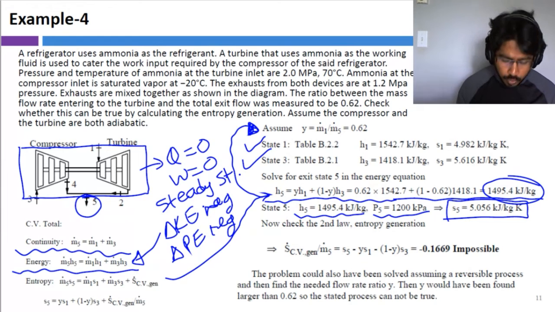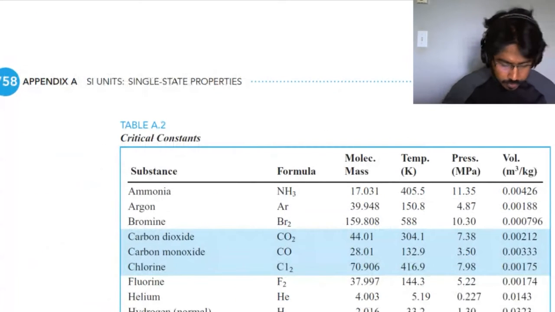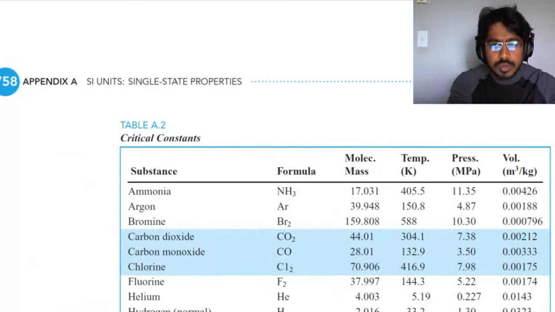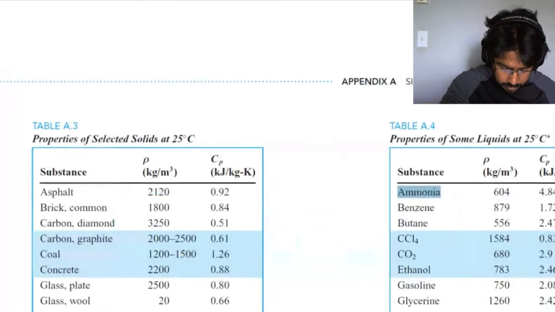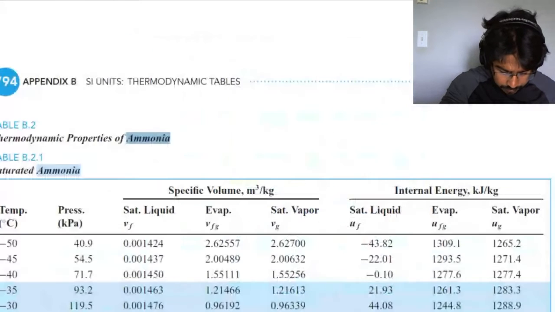So for ammonia, we can go into the property tables. Let's see whether we can find this. Enthalpy is 1495. So let's try and find ammonia first. Ammonia property tables, saturated ammonia.